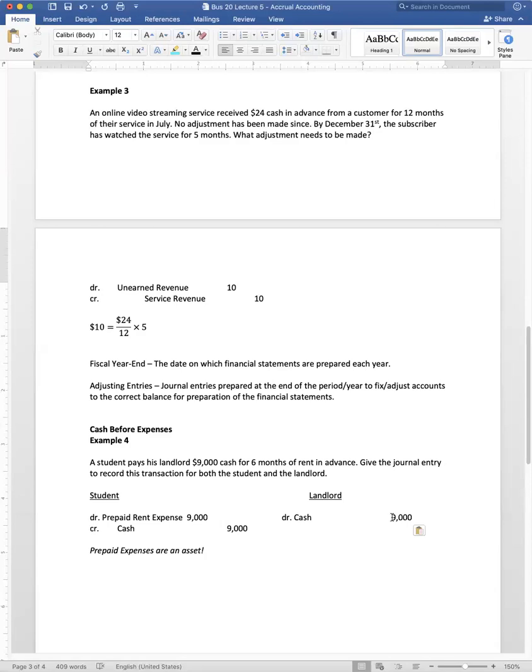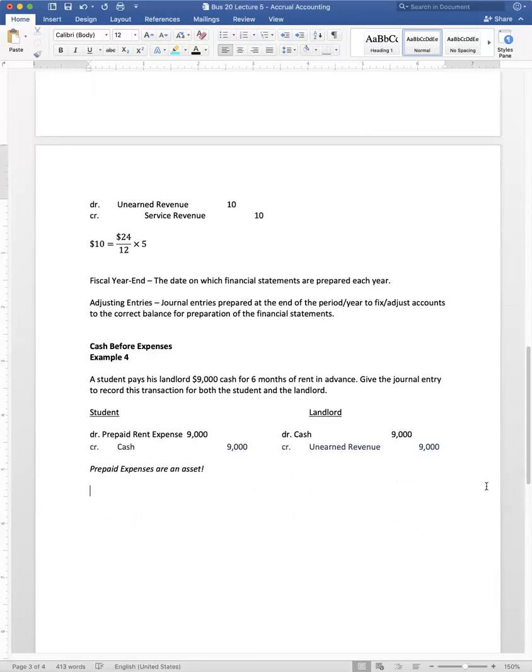Nope, not yet. Because in order to earn revenue, they have to let the student live there. And the student hasn't probably even moved in yet. So the landlord has not earned revenue. So for the landlord, it's going to be unearned revenue, right? What we just talked about. They're getting the cash in advance for something that they have not yet provided.